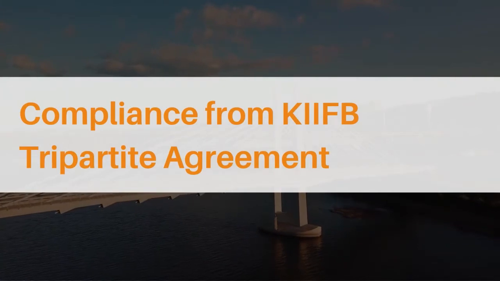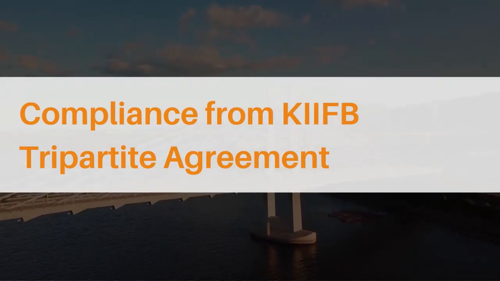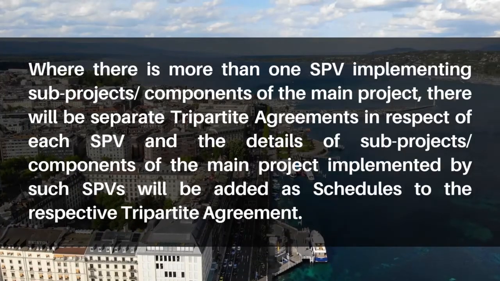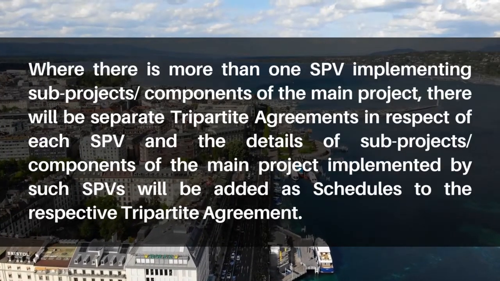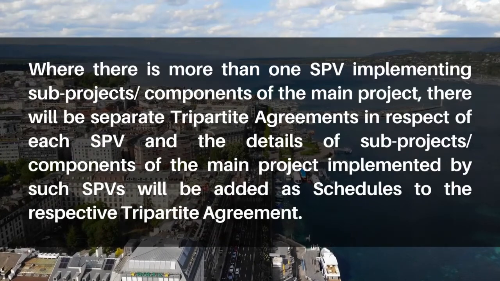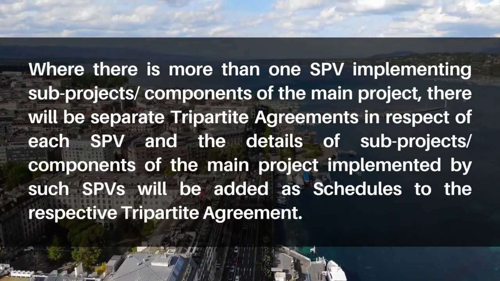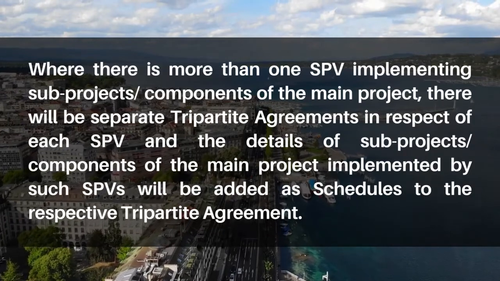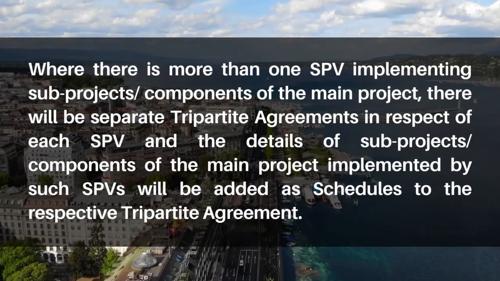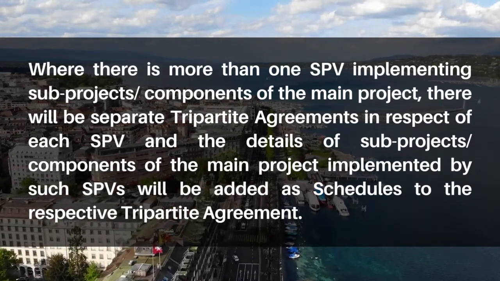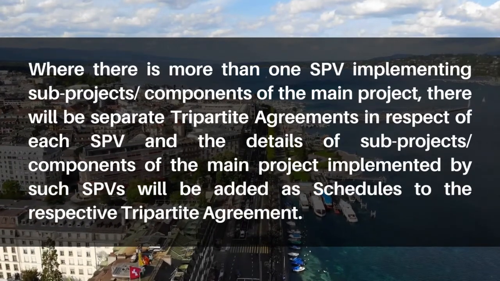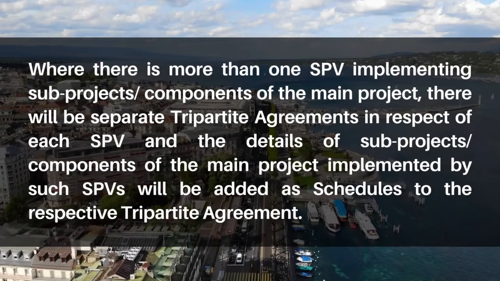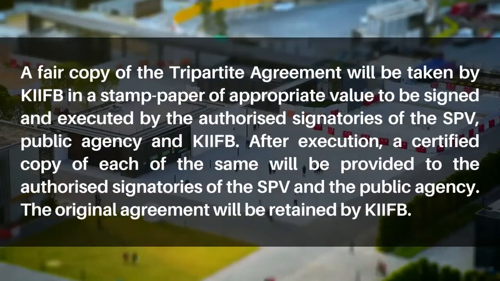The following points mention the compliance with the tripartite agreement. Where there is more than one SPV implementing sub-projects or components of the main project, there will be a separate tripartite agreement in respect of each SPV, and the details of sub-projects or the components of the main project implemented by such SPVs will be added as schedules to the respective tripartite agreement.